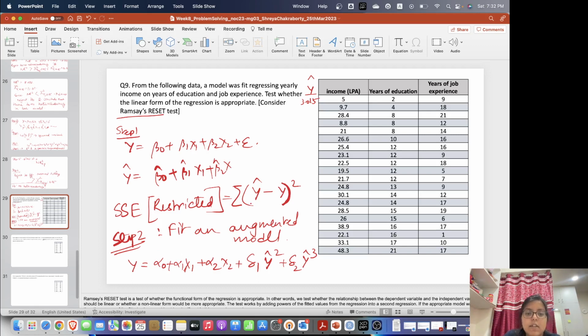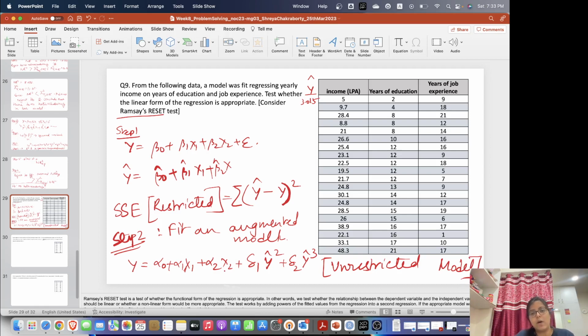Now similarly for the augmented model, using this y hat and squaring it up and cubing it up, if we use those two variables in the model, this is my unrestricted model.